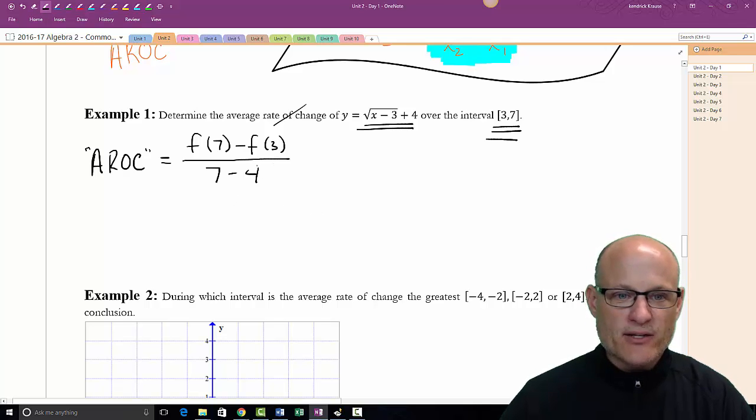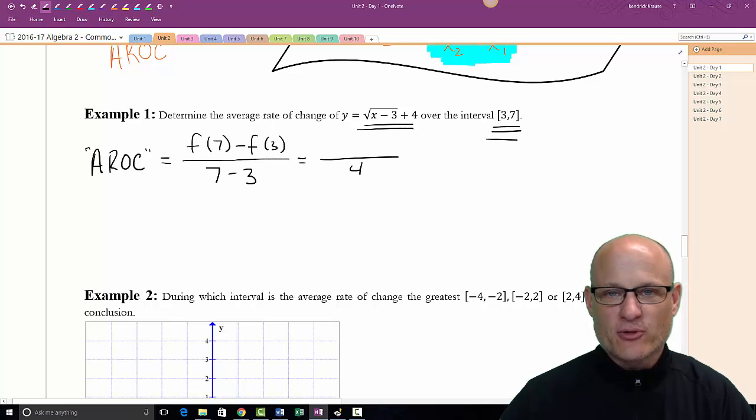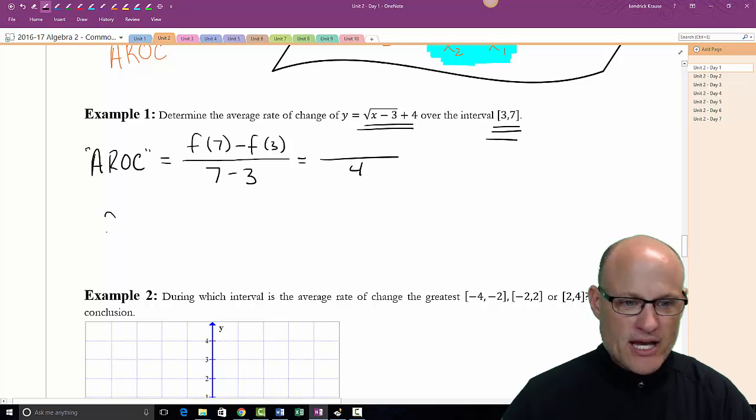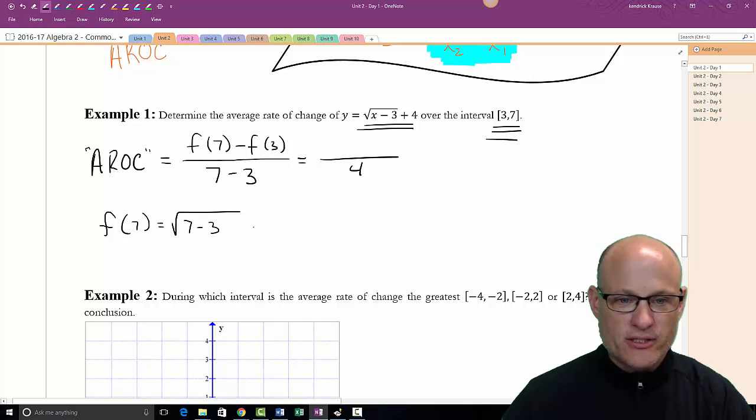I'll do the denominator for you. That's pretty easy. It's 4. Okay, I'll do the top for you too. F of 7 is equal to the square root of 7 minus 3 plus 4, which is equal to the square root of 4 plus 4, which is equal to 6.